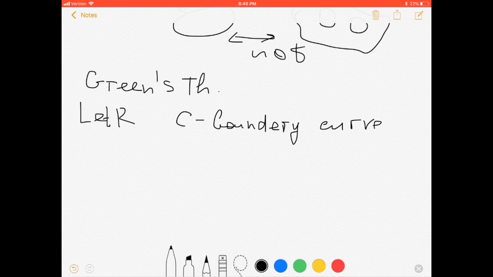What does counterclockwise mean? If you're moving along your curve counterclockwise, your region is always on the left of your moving. Okay.